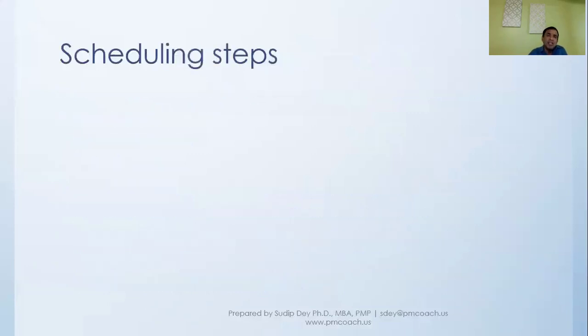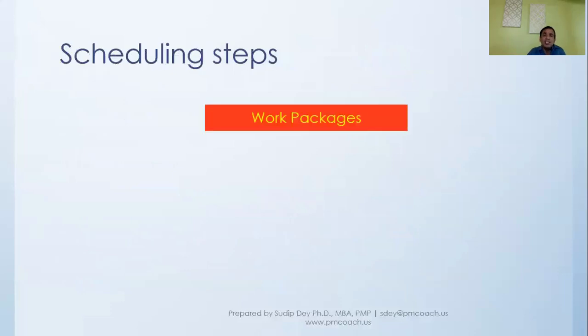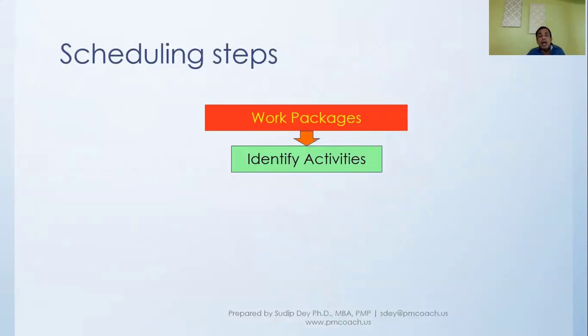The steps that we'll take during scheduling: first of all, we'll take the work package. The scheduling starts with the work package, which is the lowest level component in the WBS. We take each work package and identify activities. What are the activities for each work package? After we have identified all the activities, we'll see what the relationship between them is: which one comes first, which one comes later, and so on.